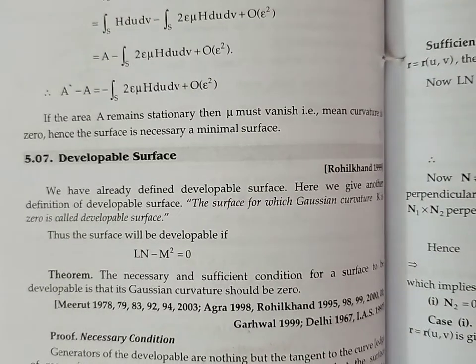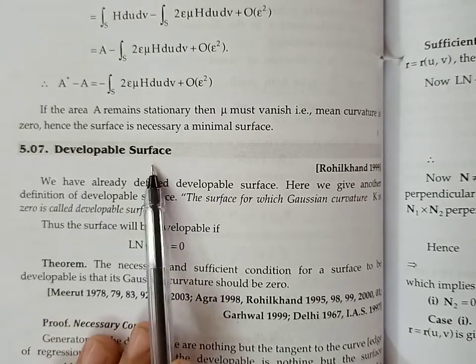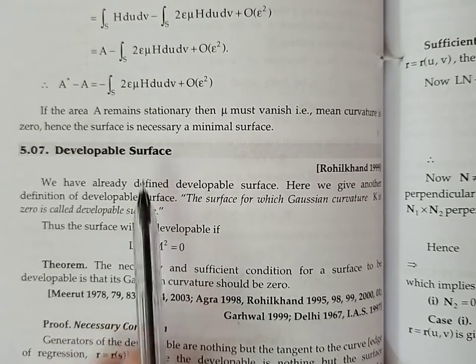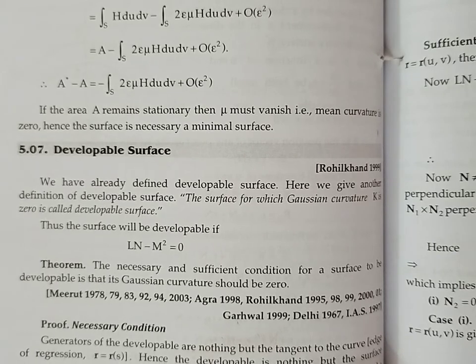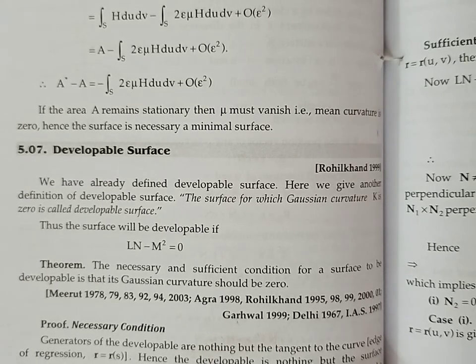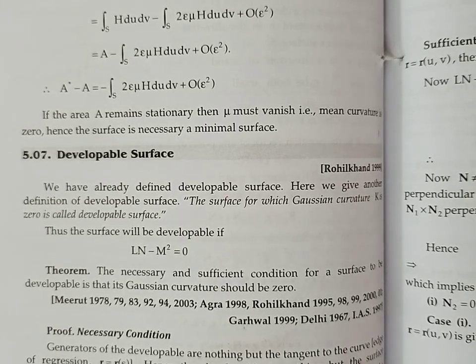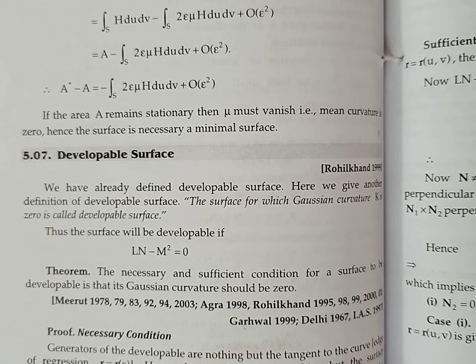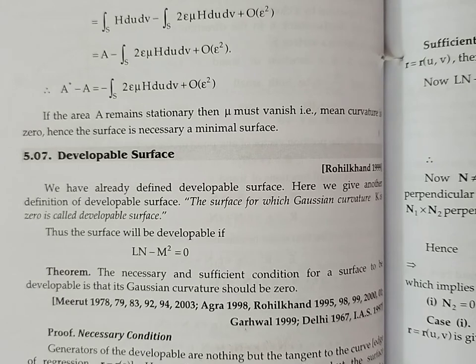Good morning, students. We already discussed the topic of developable surface, and today we'll discuss another definition of developable surface in terms of Gaussian curvature. Gaussian curvature we already discussed, which is the ratio of ln minus m square and eg minus f square.